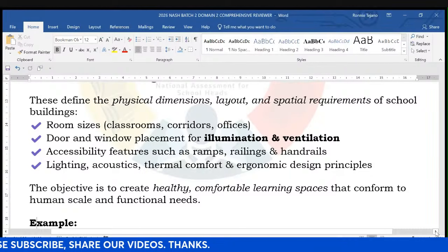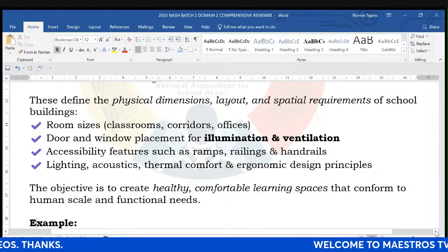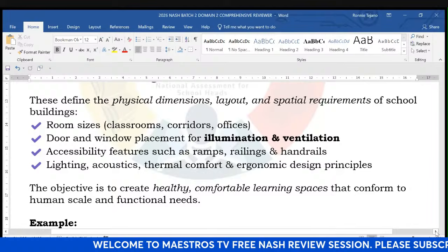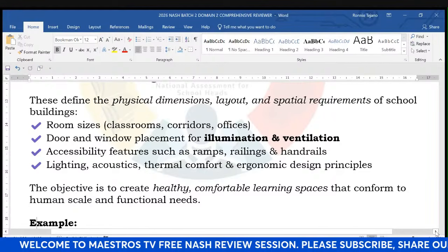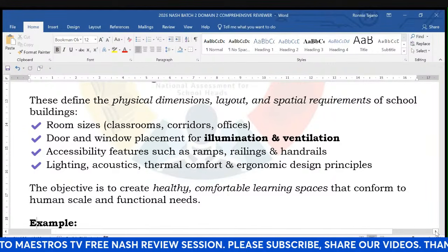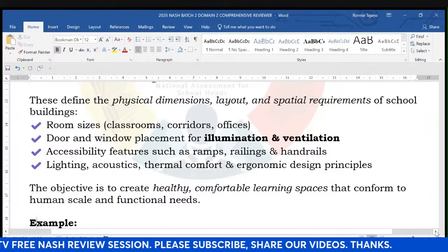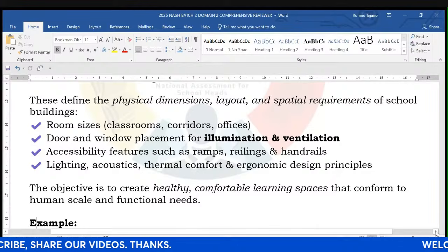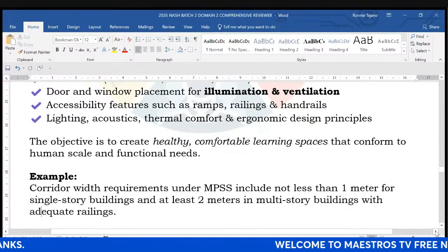We also have specific types of doors and windows for illumination and ventilation, accessibility features such as the establishment of ramps, railings, and handrails. Hindi na pwedeng magpatayo ng building na hindi ito compliant, no, sa accessibility. Then, lighting, acoustics, thermal comfort, and ergonomic design principles should also be given importance.